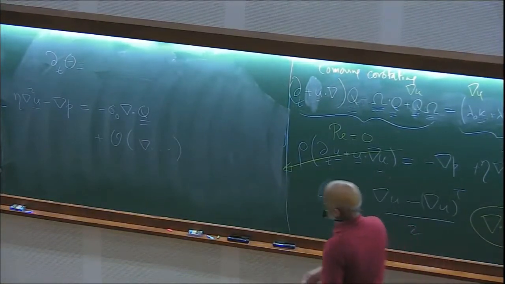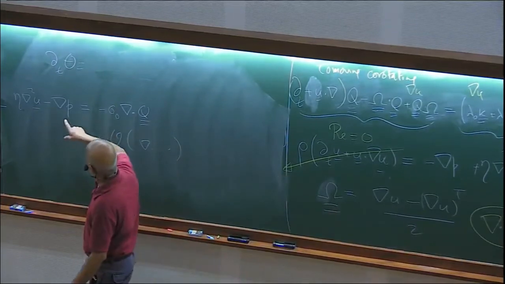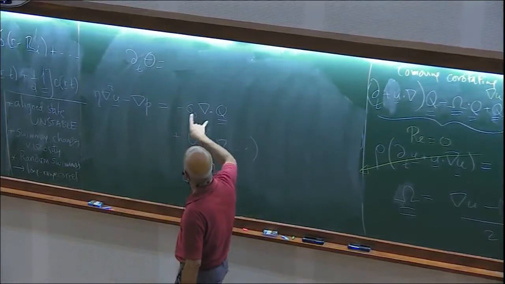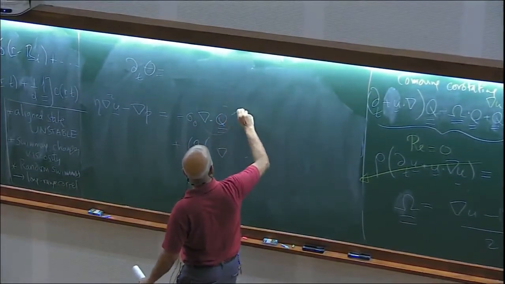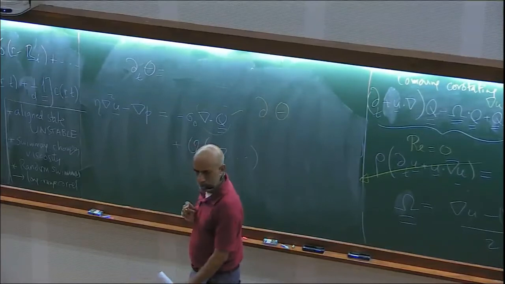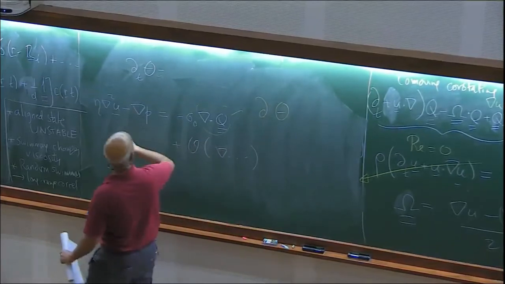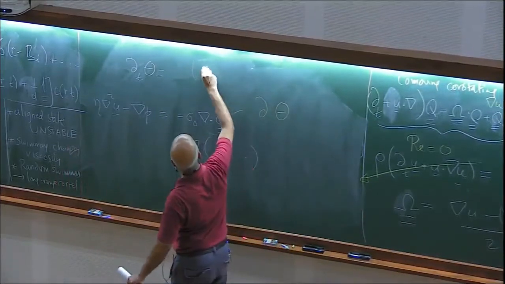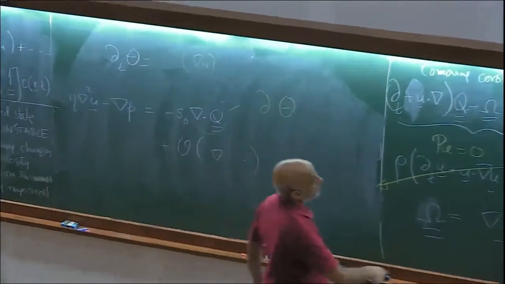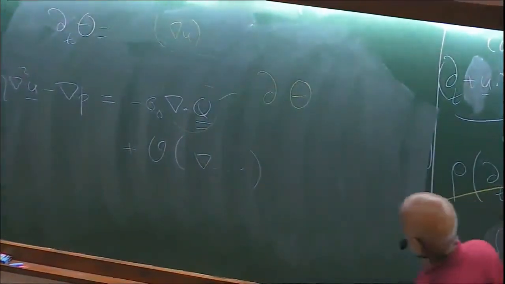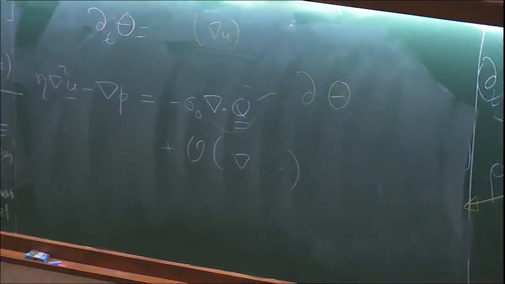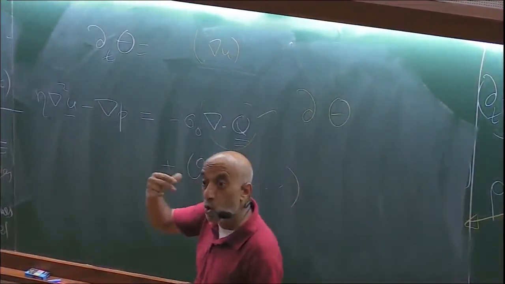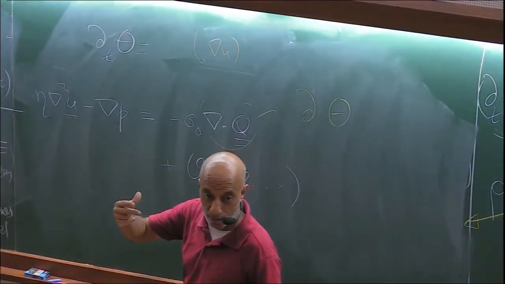So if I do that, I have to invert the Laplacian. I have to eliminate the pressure by taking the transverse part of this. It's just algebra. But schematically, what you can see is this bit will be one derivative on an angle. And what comes up here is some things involving one derivative on u. So the net result, things with one derivative on u are things with no gradients on the angle. Right?